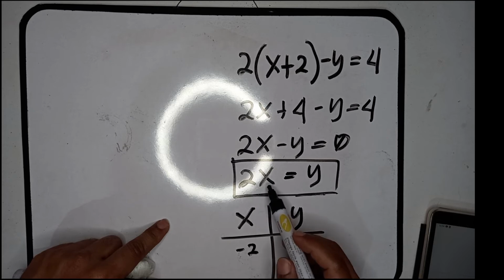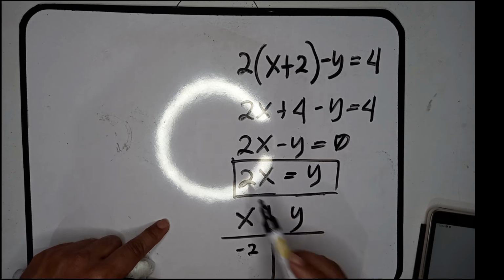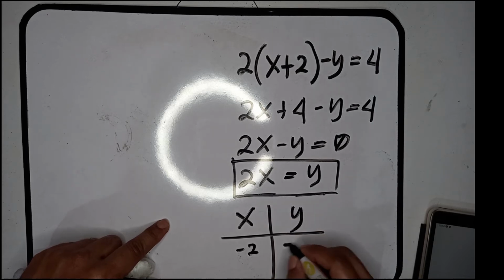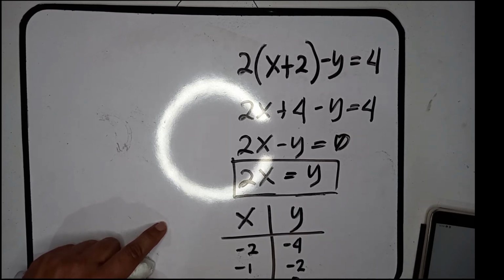So -2 times 2 is -4. -1 times 2 is -2. And let's say 0, and our y is 0. Since we need only 2 points, we don't need to include this 0 here.